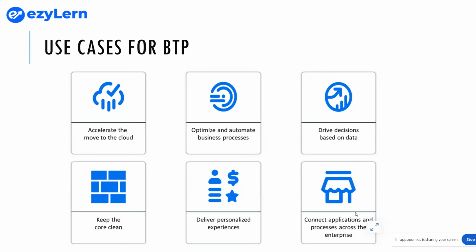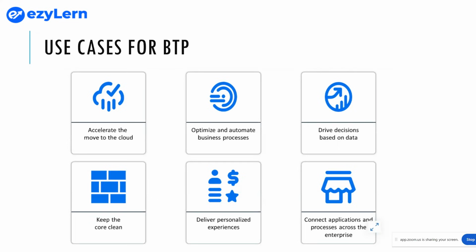Then you have connect applications and processes across the enterprise. So most organizations are straddled with a chaotic IT landscape of disconnected applications, processes, and technologies, which leads to lack of business agility and innovation.